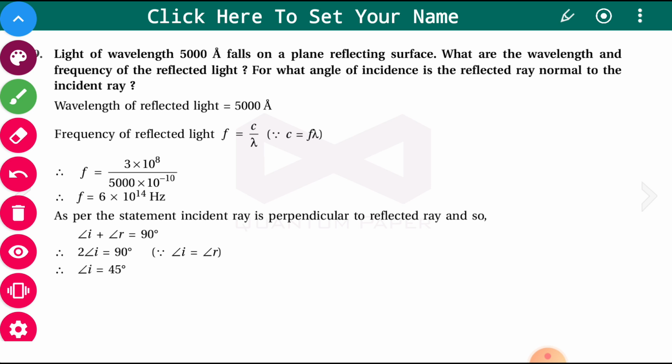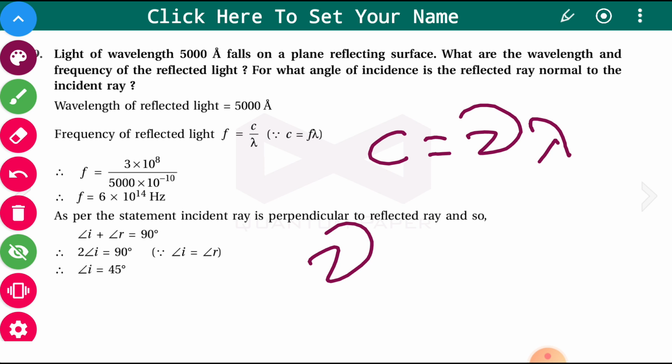Now see, wavelength is given, frequency can easily be found. C is equal to nu into lambda, so nu can be C by lambda. Here instead of nu it is taken as f, whichever. So it is 6 into 10 raised to 14 hertz.